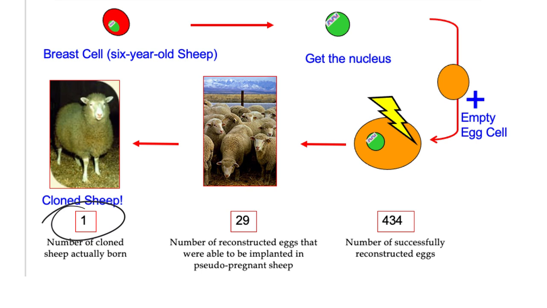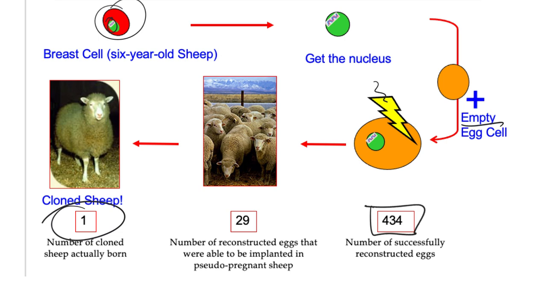So here's a skin cell. You take the nucleus out, and you transfer it into an empty egg cell. You give it an electrical shock. Now, let's say you made 434 eggs.